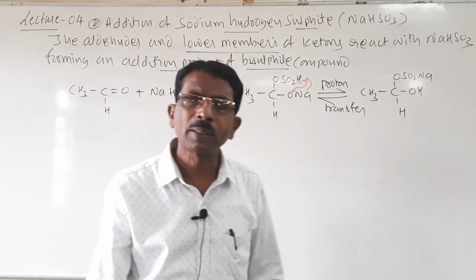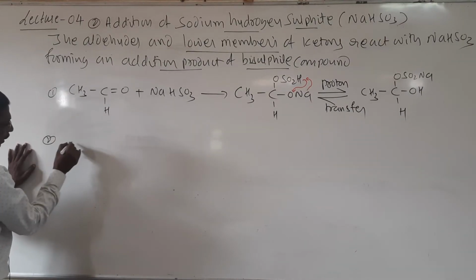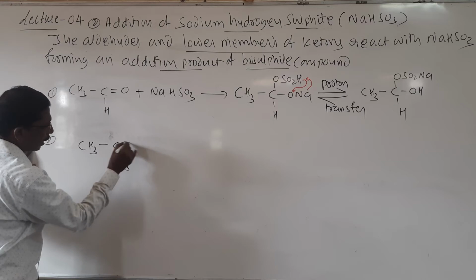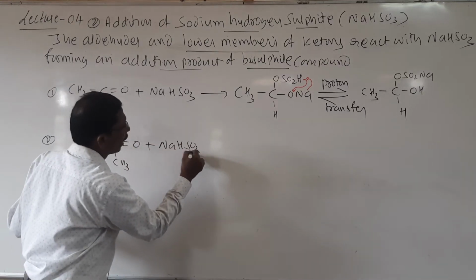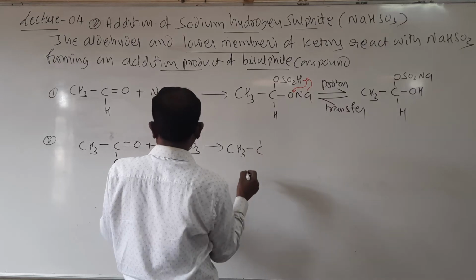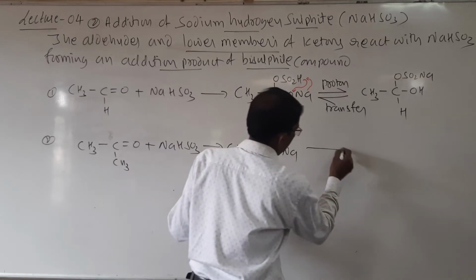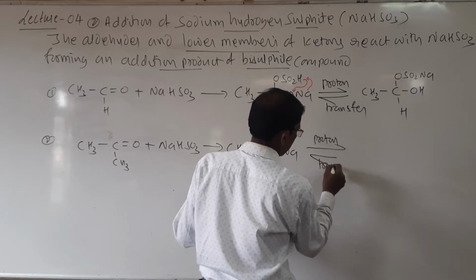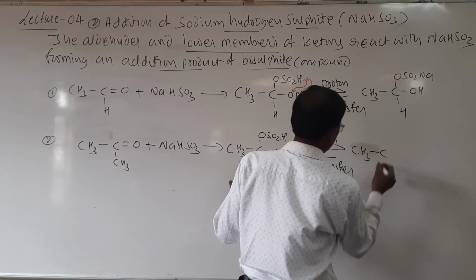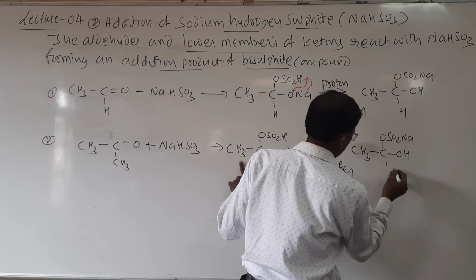So what happens with the smaller ketones? With the smaller ketones, again I will write here number 1, and then ketones, CH3, C double bond O, CH3, plus NaHSO3, it gives CH3, C, here I will write O, SO2H, it is ONa, and it is CH3 as it is, and here proton transfer takes place, and then it forms CH3, C, O, SO2Na, and it is OH, and here it is CH3 as it is.